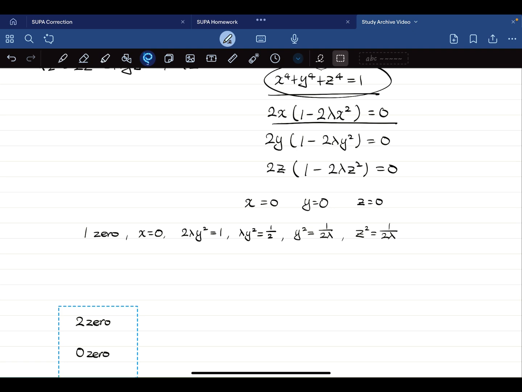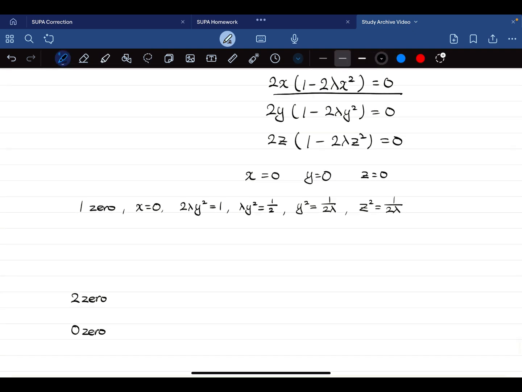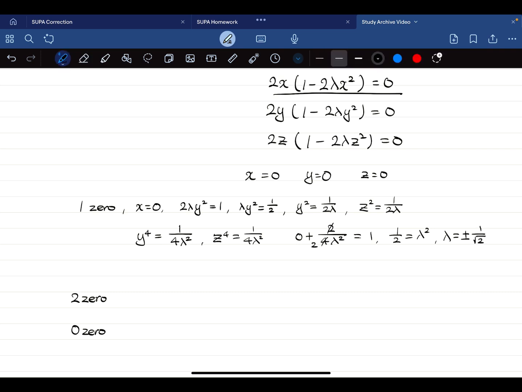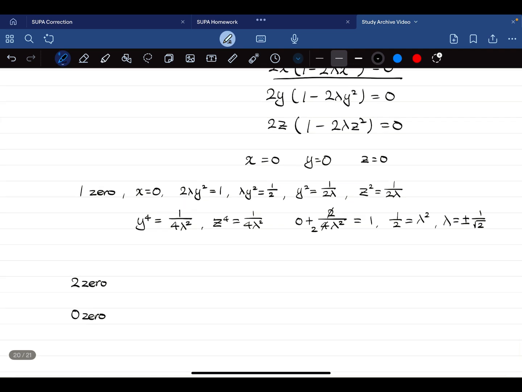And we can plug this into the original constraint by squaring our two values. So y to the power 4 is going to look something like this, and z to the power 4 is also going to look exactly the same. And since x is 0, 0 plus 2 over 4 lambda squared, we can get rid of this 2, is going to be 1. And so what we know is that 1/2 is equal to lambda squared. Lambda can either be plus or minus root 2.